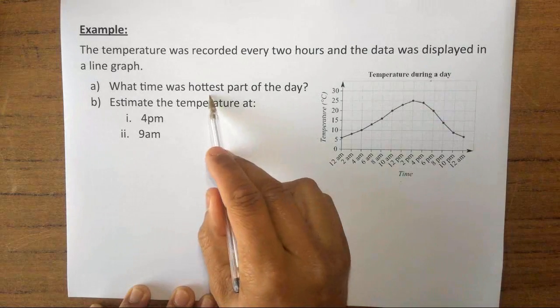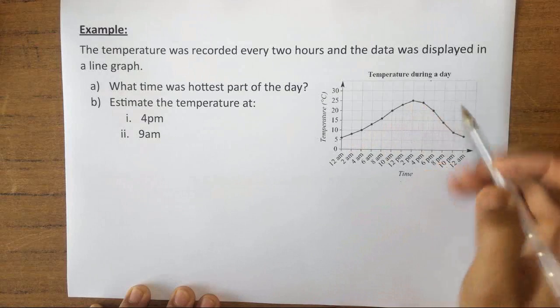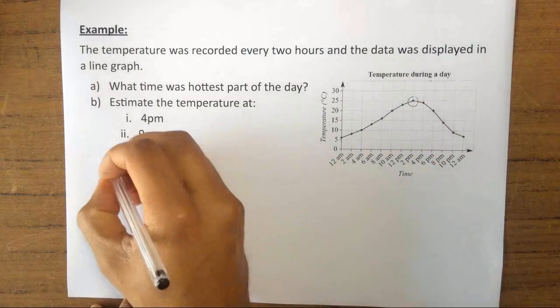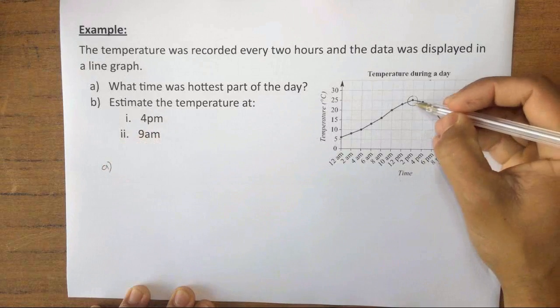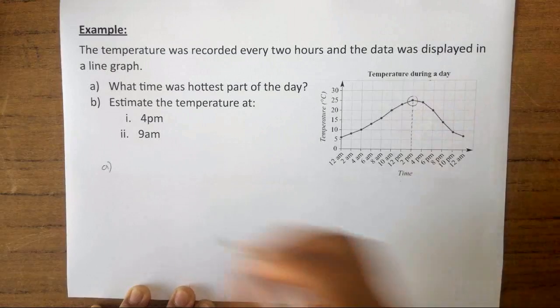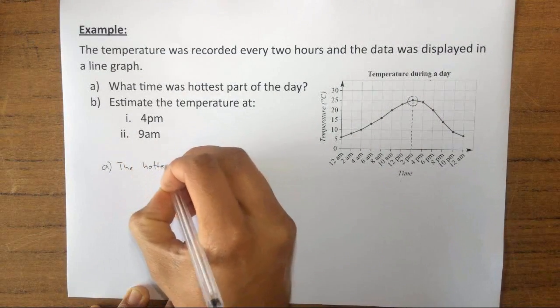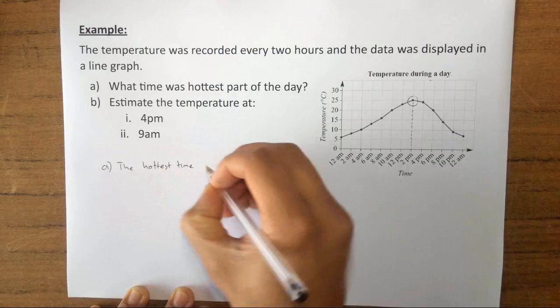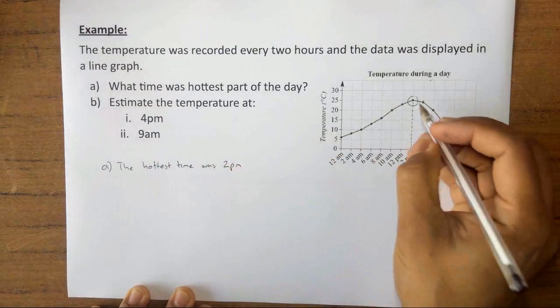The hottest part of the day is part A. Well, the hottest part of the day would be the peak of this graph, which we can see is right there. So we know for A, the hottest part of the day, that means the hottest time, was 2 PM. Now again, we want to include as much information as possible.